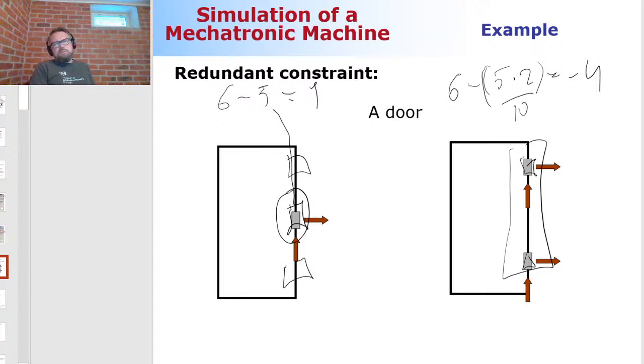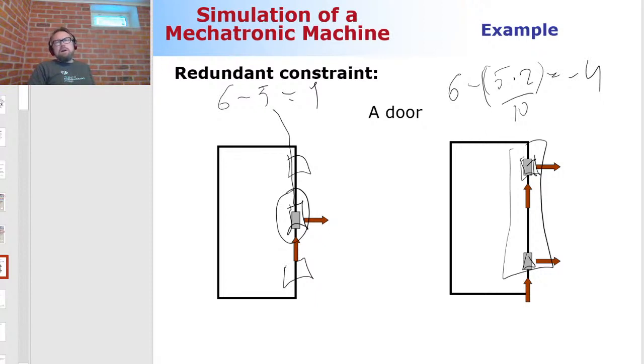Many commercial software packages can automatically eliminate extra constraints like this. But the problem is that these joints are always related to reaction forces, and the way they eliminate the constraints affects the reaction forces as well.